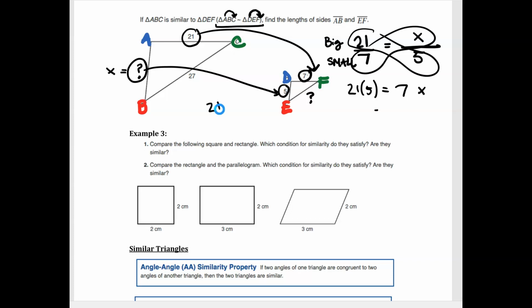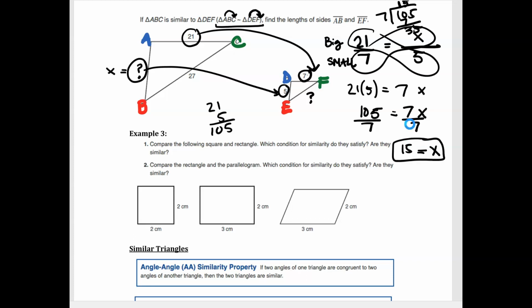We're going to get 21 times 5, we get 105 is equal to 7X. Okay, and then we divide both sides by 7, and 105 divided by 7, we get 15. Okay, so it looks like our answer is 15 there.